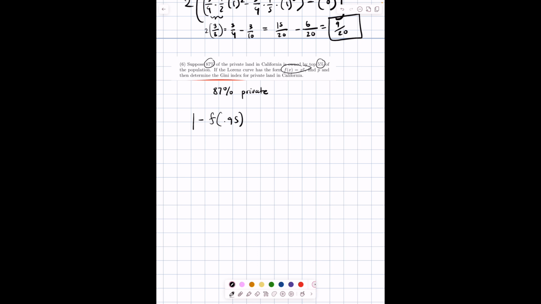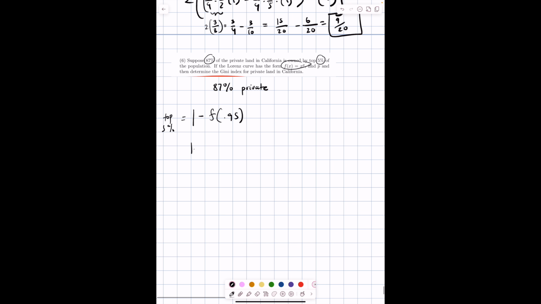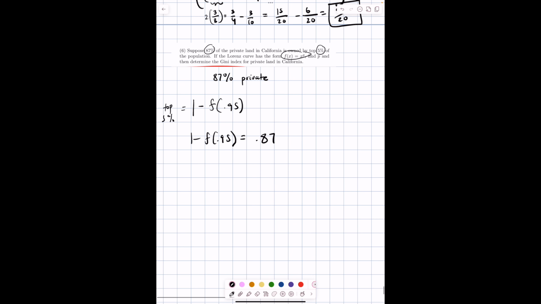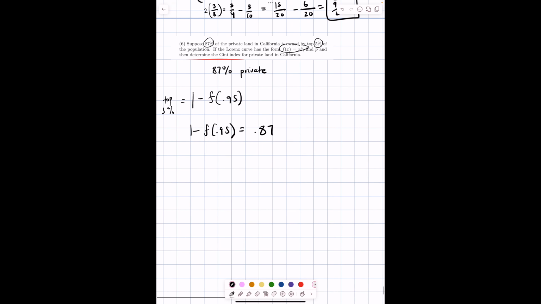So this is 1 minus f of 0.95, and it's saying that this is equal to 87% of the land, because the top 5% is equal to 0.87.